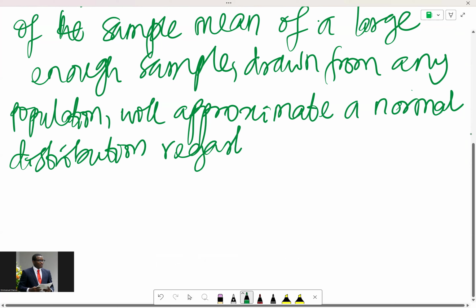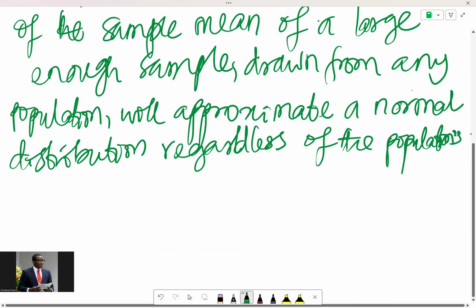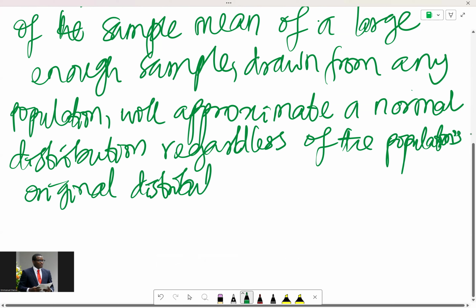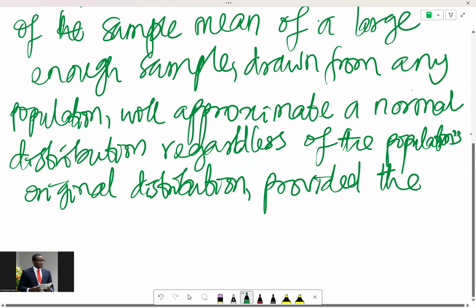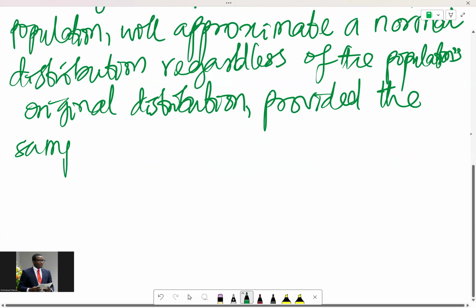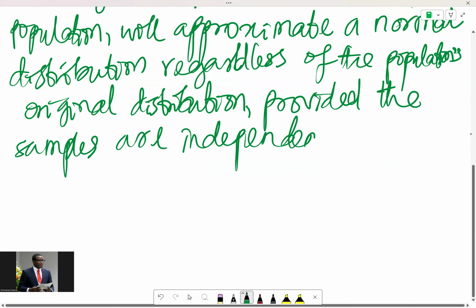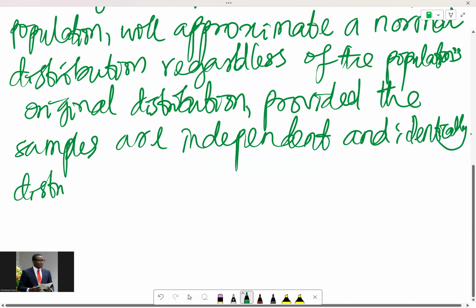Regardless of the population's original distribution, provided the samples are independent and identically distributed, that is IID.